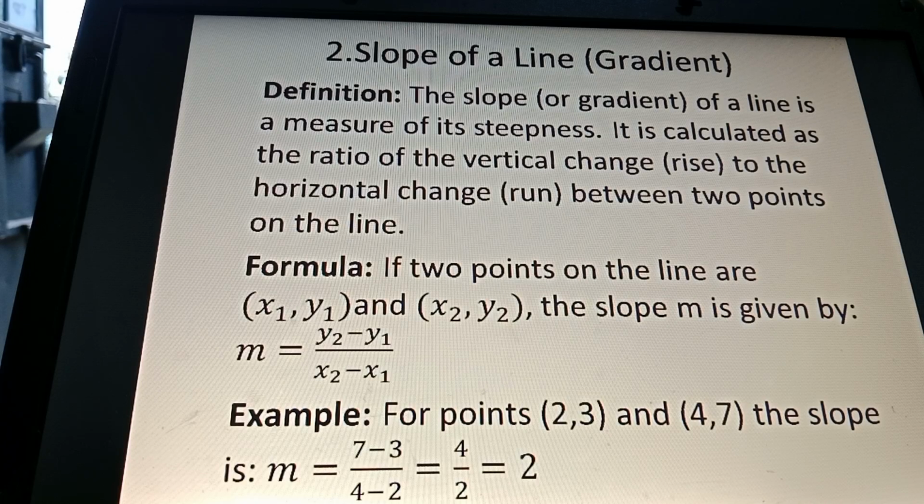Remember, 7 is y2 and 3 is y1, over 4, which is x2, minus 2, which is x1. So (7 minus 3) over (4 minus 2) equals 4 over 2, which is equal to 2.